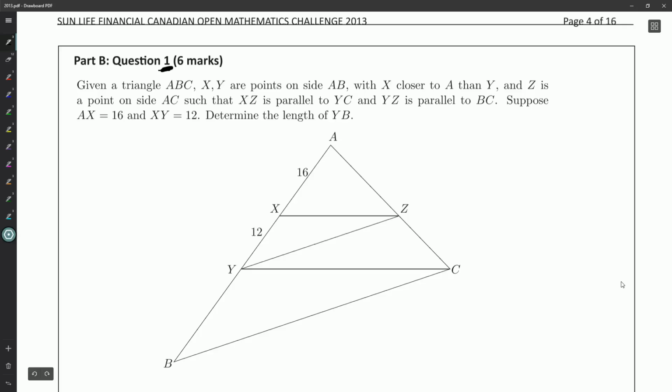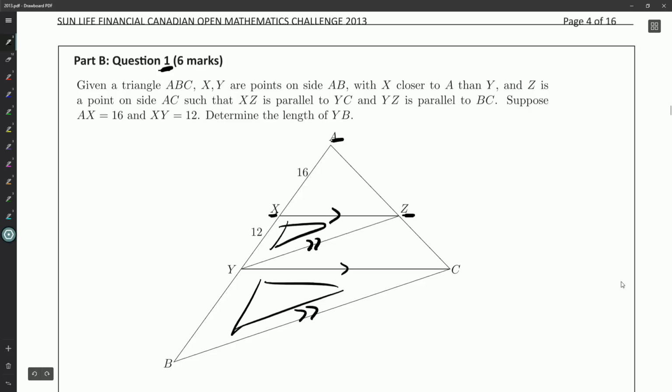So B1. Given triangle ABC, X and Y are points on side AB with X closer to A than Y. And Z is a point on AC, so that XZ is parallel to YC, and YZ is parallel to BC. Looks like we've got some similar triangles here.